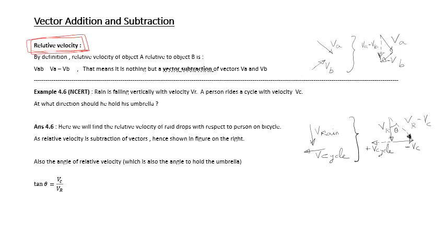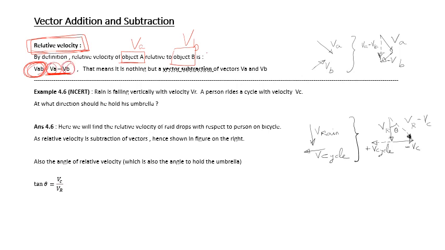If you remember from your basic motion principles, relative velocity is a difference between two velocities. If the velocity of object A is VA and the velocity of object B is VB, then the relative velocity of A with respect to B is VA minus VB.